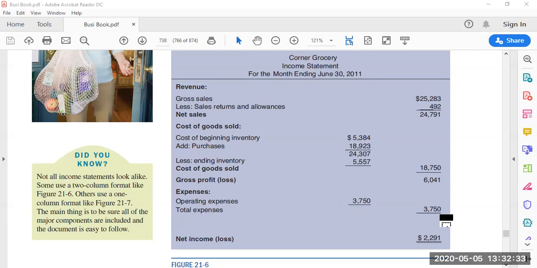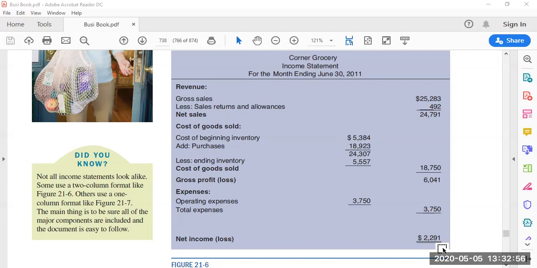The last section would be to take the difference between your gross profit and your total expenses. And that would give us our net income or loss with a double underline. The double underline shows the end of the process, the final figure.